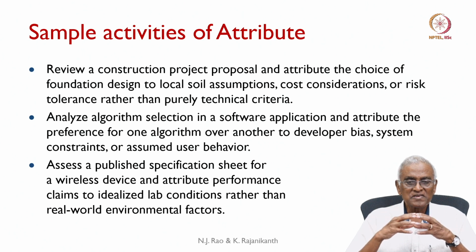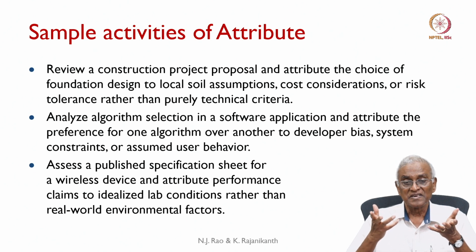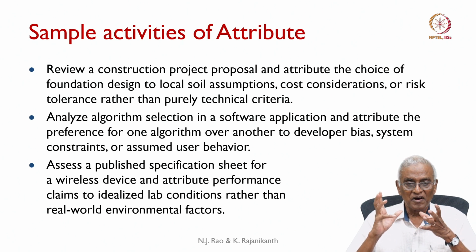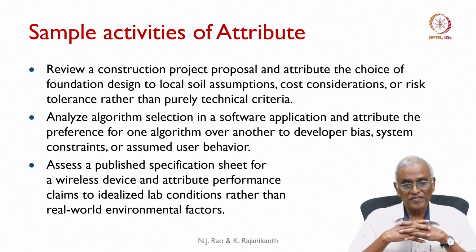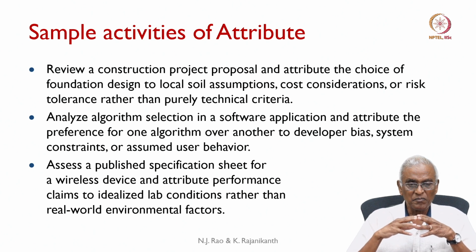What kind of bias is built into those algorithms? What assumptions have been made by the designer? What did he optimize? For example, in a particular scenario, instead of performing one particular activity in one way, it may result in the opposite type of final performance. So it is becoming much more crucial.